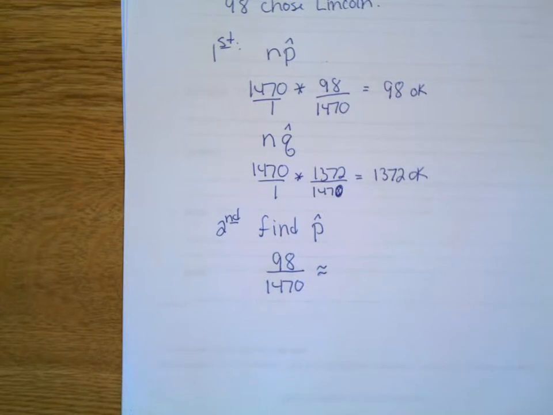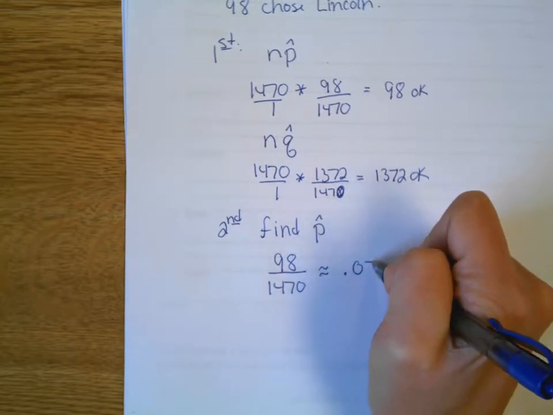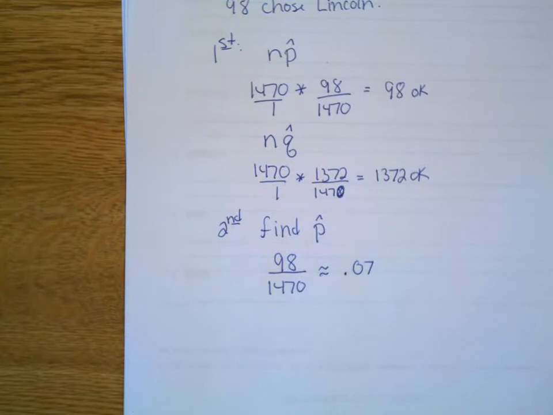So what is 98 divided by 1470? I don't think it comes out nice and neat, so that's why I put the approximate in there. About 0.07, about 7%. Okay with that? So that's what we're going to use in our interval in step 4.